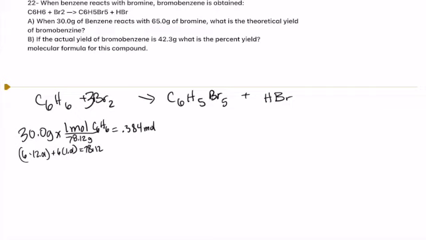We have roughly 0.384 moles. We need to determine how many moles of bromine we are given so that we can determine their ratios and which one is the limiting reactant. So we're given 65 grams of bromine, being diatomic here.